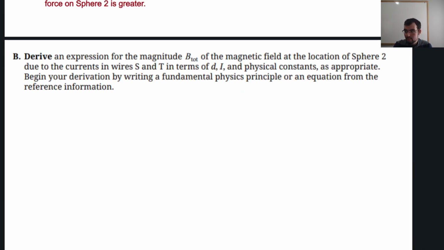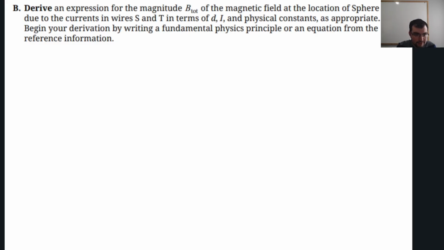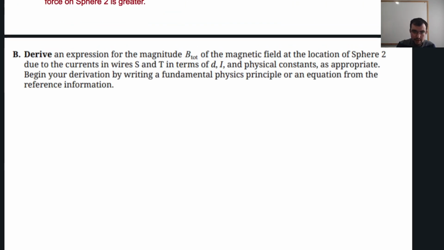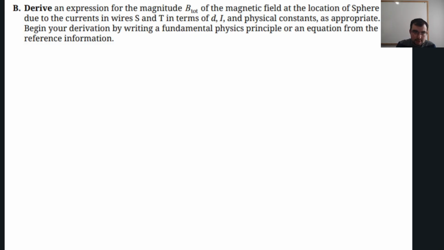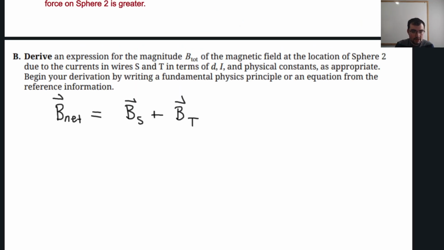Now part B, we want to find the magnitude of the total magnetic field at sphere 2. It does say to start from a physics principle, so it might get a bit dubious as to point assignment later, but I might start with the fact that the net magnetic field is going to be equal to the magnetic field from S plus the magnetic field from T. That might be my fundamental principle.